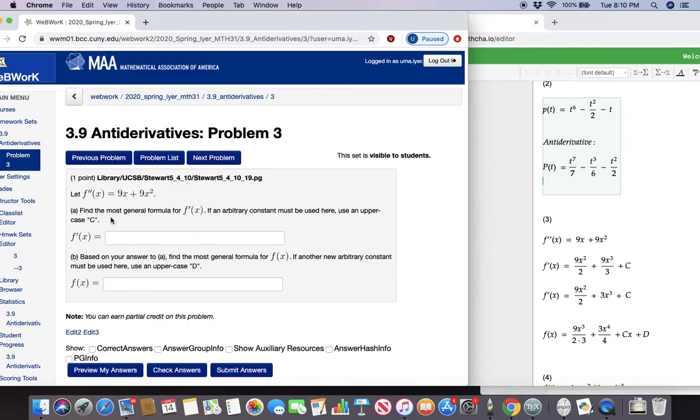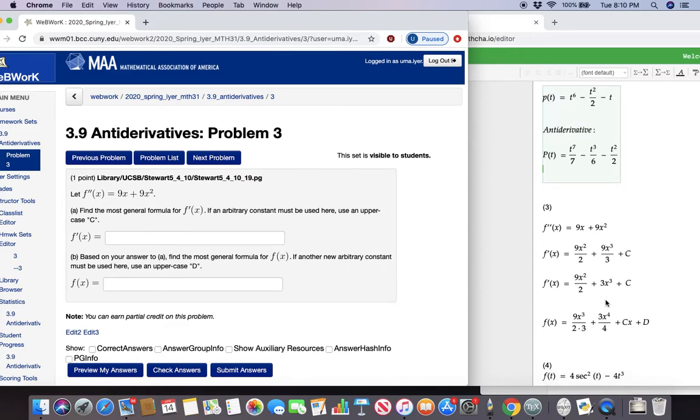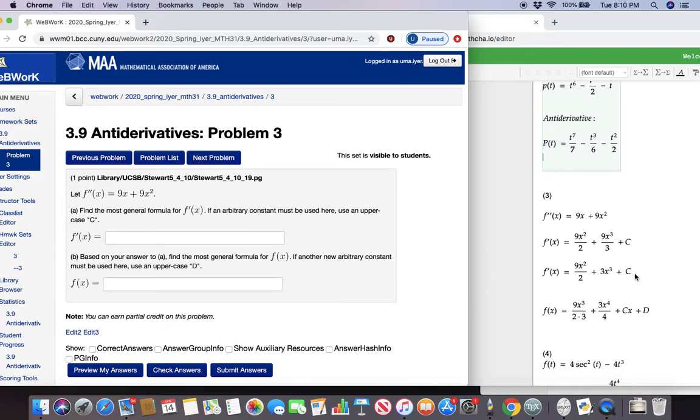And because I'm looking for the most general formula, I'm using the constant C. As they say, use an uppercase capital C. Just simplify this. 3 goes into 9 3 times. Everything else is the same. So that was the first derivative.